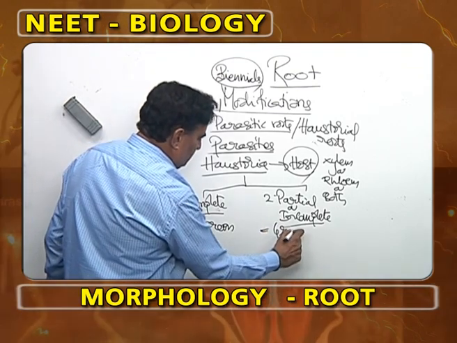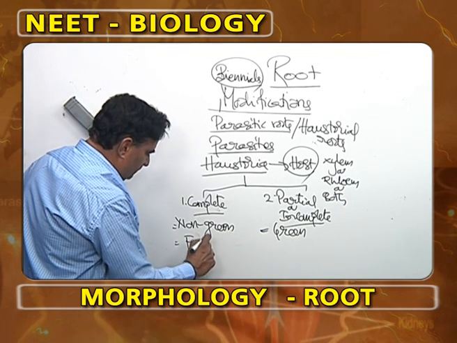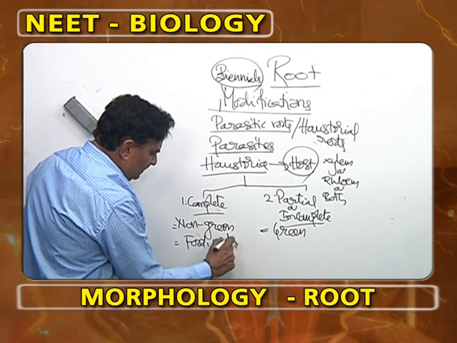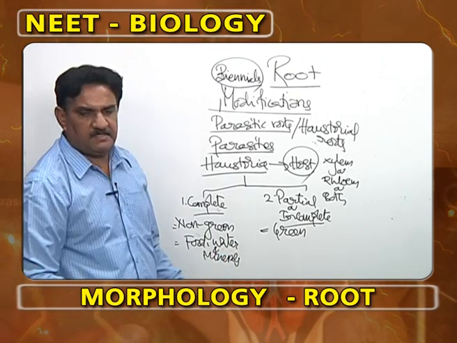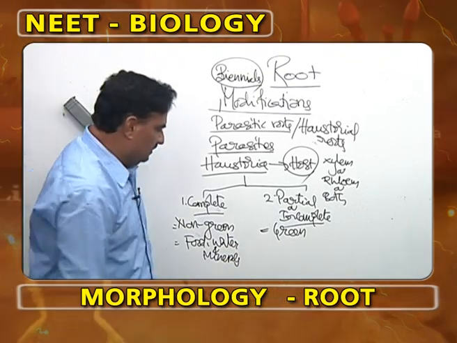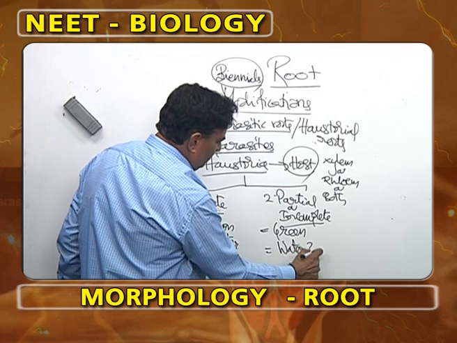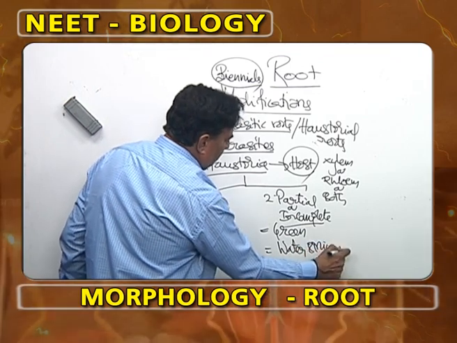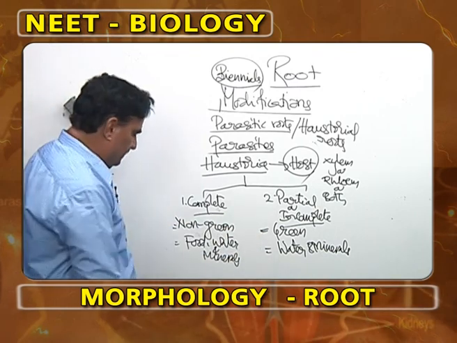Partial parasites are green. Complete parasites take food, water and minerals from the host. Partial parasites take only water and minerals from the host. Why? Because they are green in color, they can synthesize their own food matter.